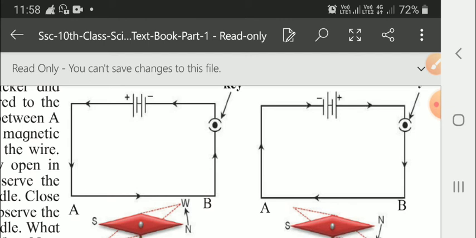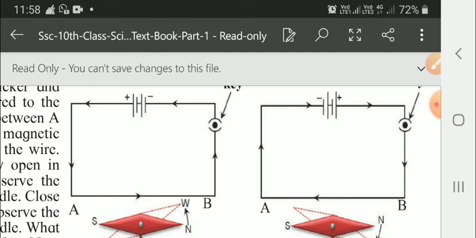We can prove this with this activity. But if a magnet is moved and kept moving, what effect will we see? You have to observe and write that in this activity. Whenever current is flowing, a type of effect is created that is called the electromagnetic effect. We will study the principle, construction and working of the electric motor and electric generator later on.